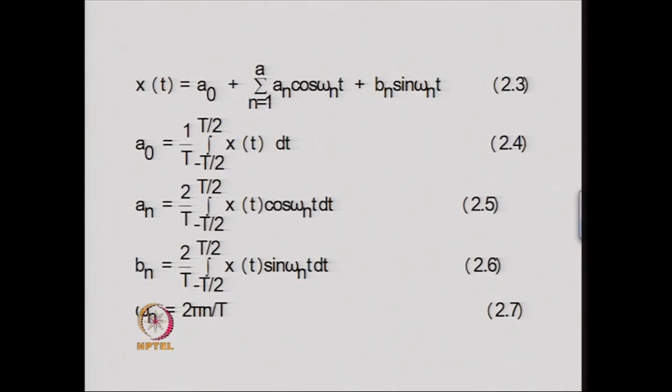The constant a0 is nothing but the average value of the function x(t), as shown in equation 2.4.